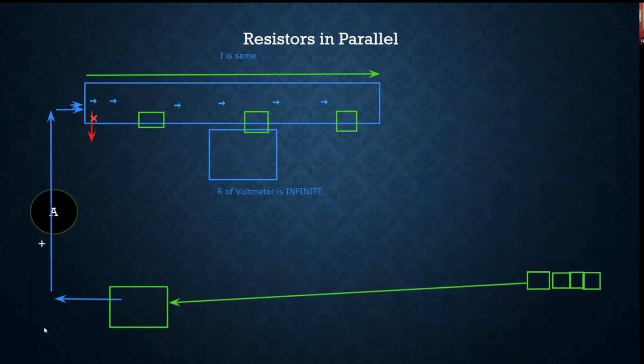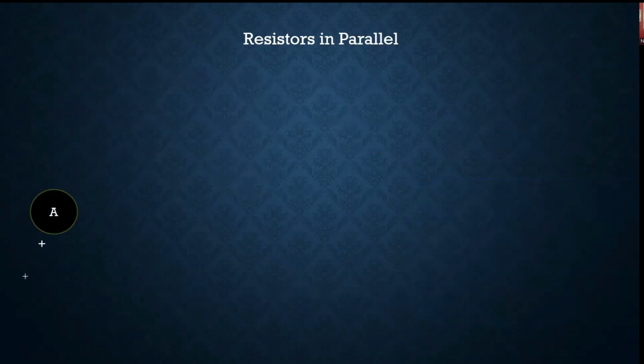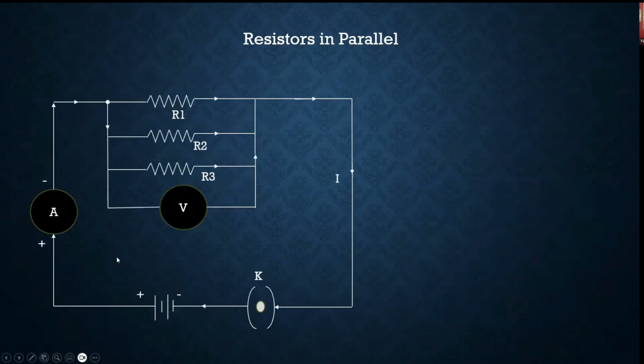So next, now we will see parallel combination. This is a parallel combination. What happens in parallel combination? The left end and right end of a resistor are connected to the left and right ends of all the remaining resistors. It's like I am holding everybody's left and right hands. That means everybody is in parallel, right?